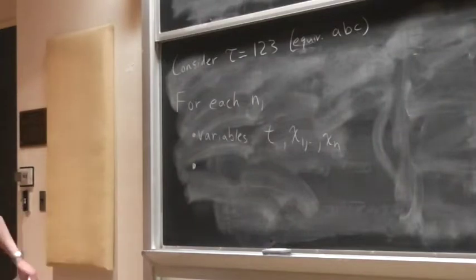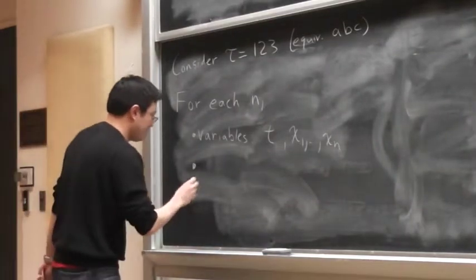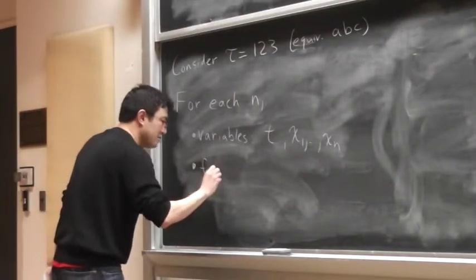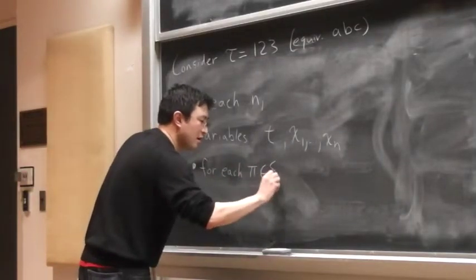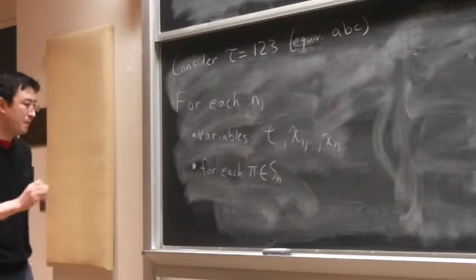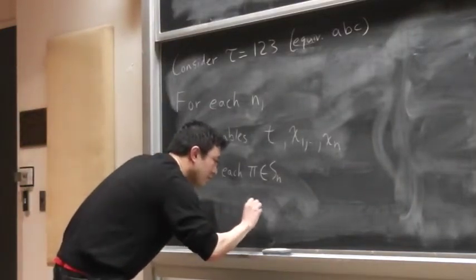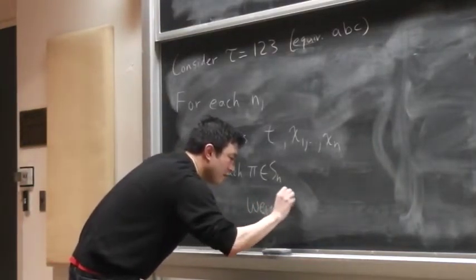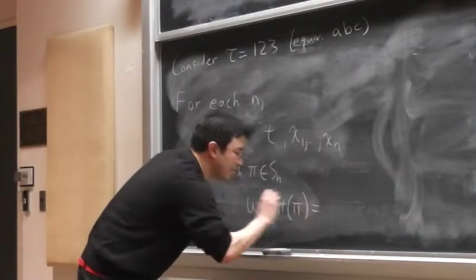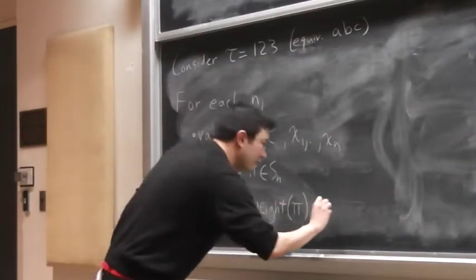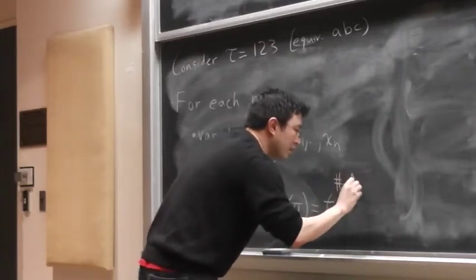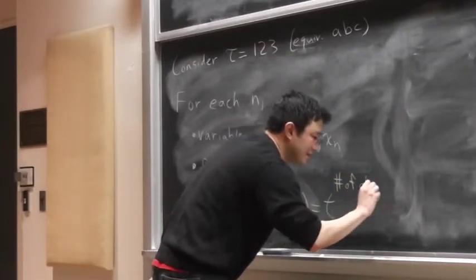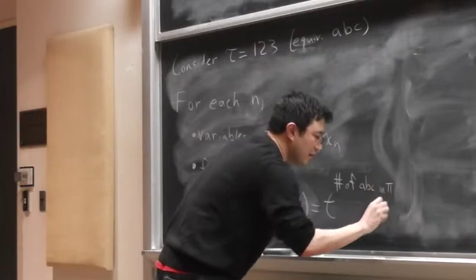And then I'm going to define a weight function for each pi in Sn. I'll have the weight of pi be t to the number of ABCs in pi.